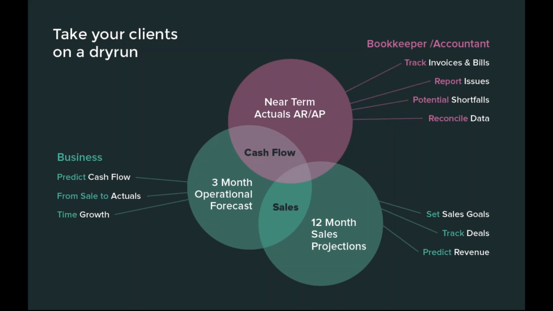So if you're nodding your head as I'm talking about this, you probably have a client who would see the value in Dryrun. They also tell themselves and you that they want a highly automated cash flow tool, but that's really only partially true. They want to avoid, as you want to avoid in your practice, the pain of data entry, but they need to be able to fully map their business owner insight.